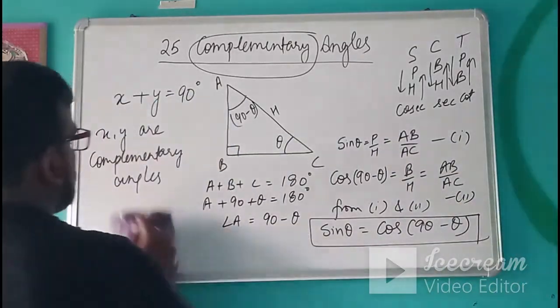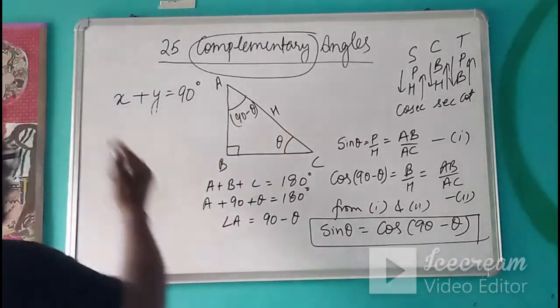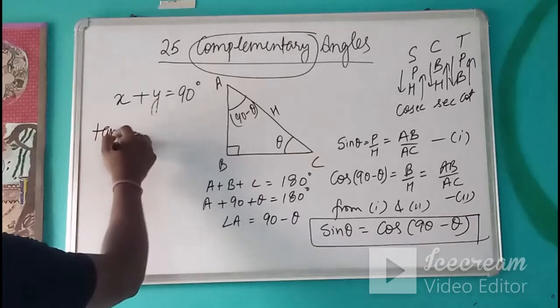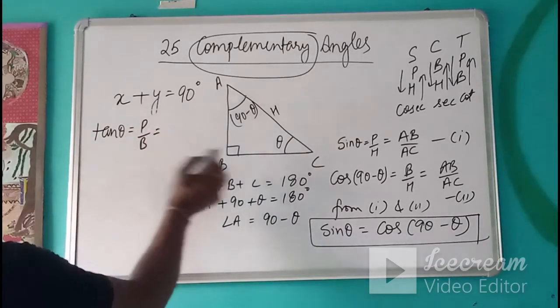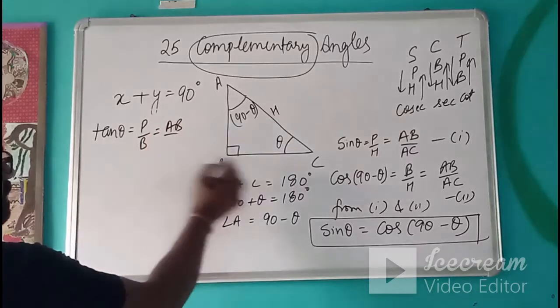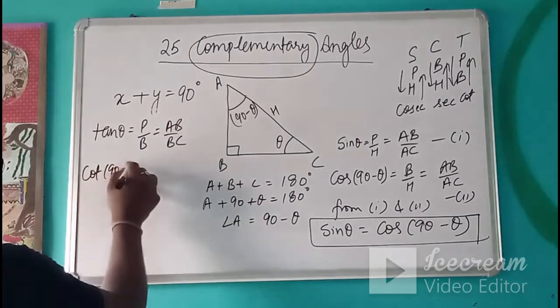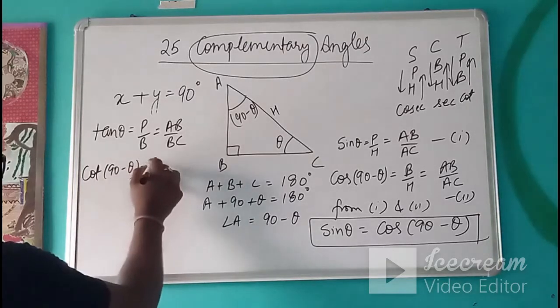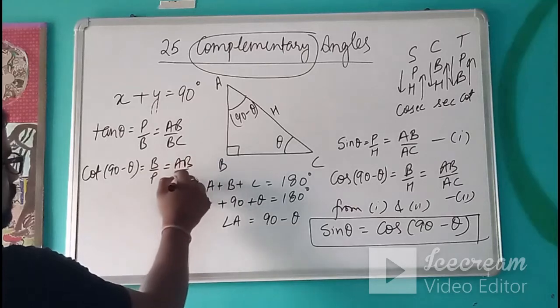Similarly, for this triangle, if you calculate tan of theta, what is tan of theta? P upon B, and what is P? AB, and base is BC. And if I calculate cot of 90 minus theta, it is B upon P. For this it is AB upon BC.